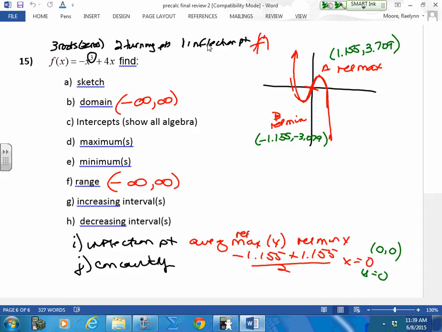This is where your concavity goes. Your concavity goes to this inflection point. We'll call that C. So I'm concaving up. Remember, we trace your x values from negative infinity to 0. Then I'm concaving down. Then I concave down from 0 to infinity. I'm following my x values, not my y values.